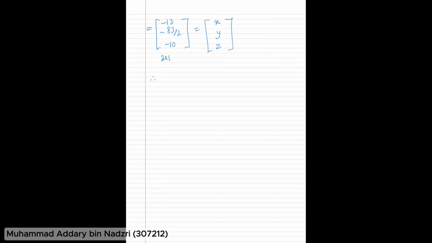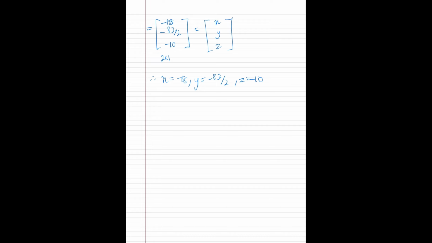So our final answer is x equals to, my bad, this is negative 18. So x is equal to negative 18, y is equal to negative 83 over 2, and z is equal to negative 10. That's all for me. Thank you.